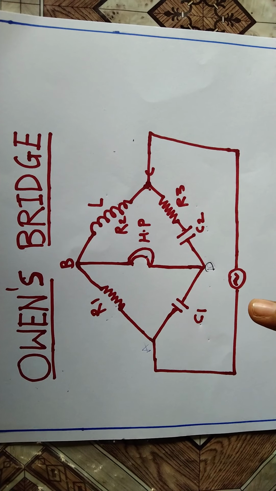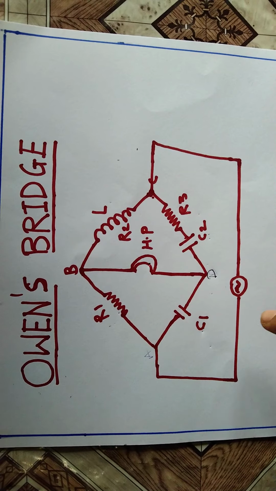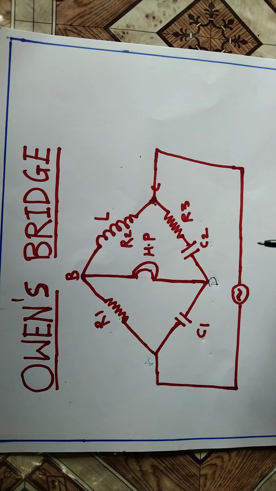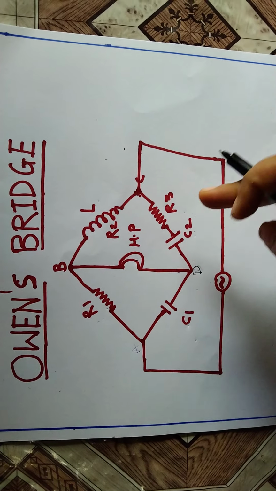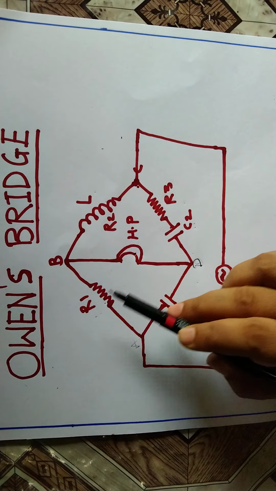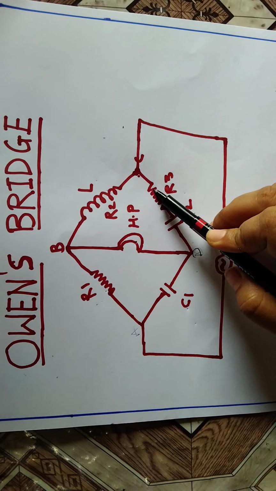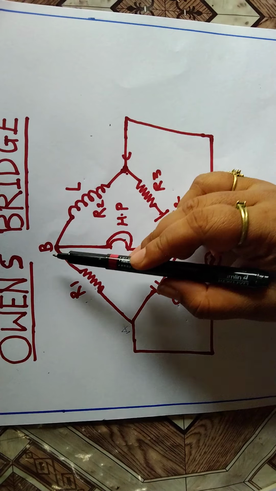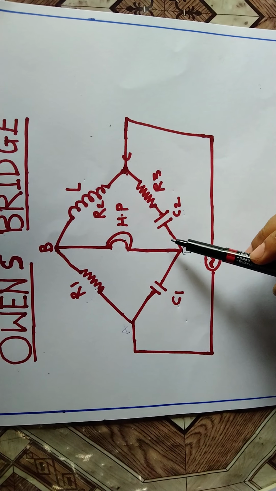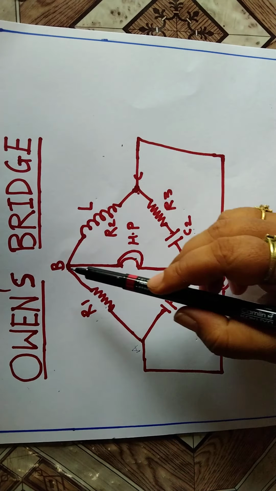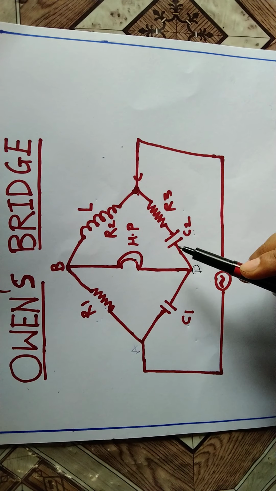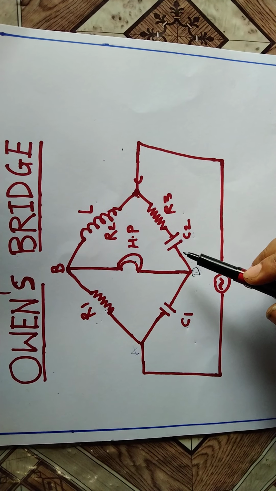In this circuit diagram, the values of resistors R1 and R3 are adjusted in such a way that points B and D are equipotential. This means the balancing condition of the bridge.